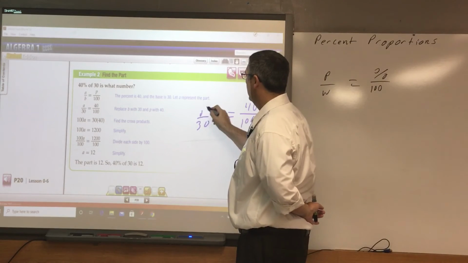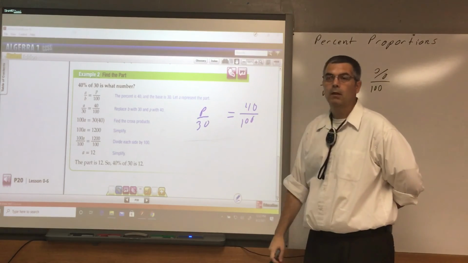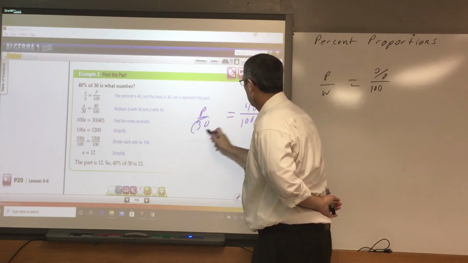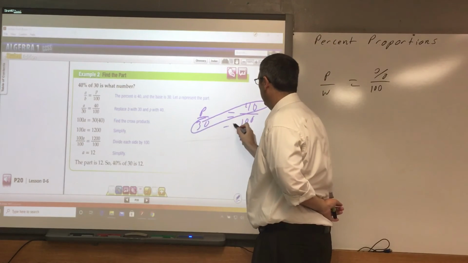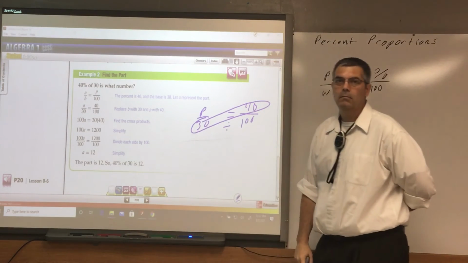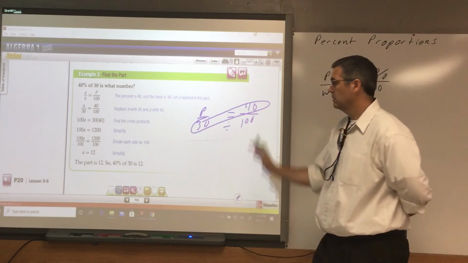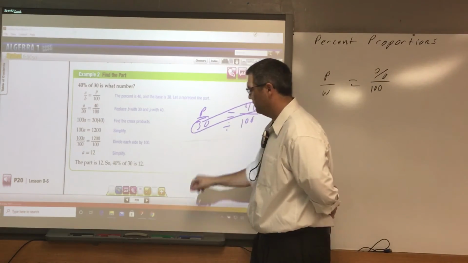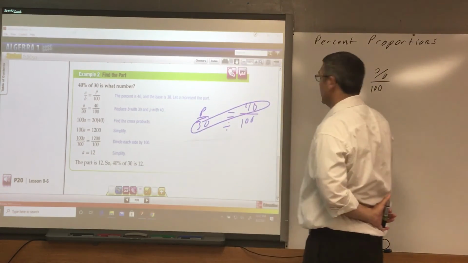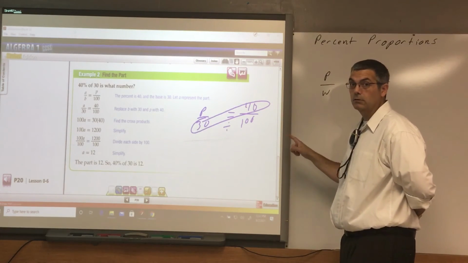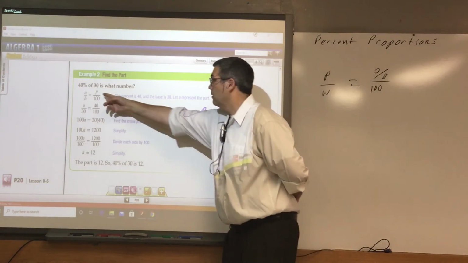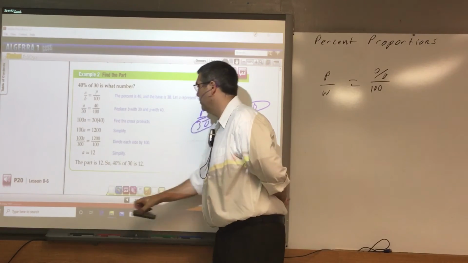I'm looking for the part. Cross multiply, divide. That's all you got to do. Don't overcomplicate this. It's not that complicated. But you've got to set it up correctly. If you don't set it up correctly, it's going to cause you a lot of problems. So 40% of 30 is what number?